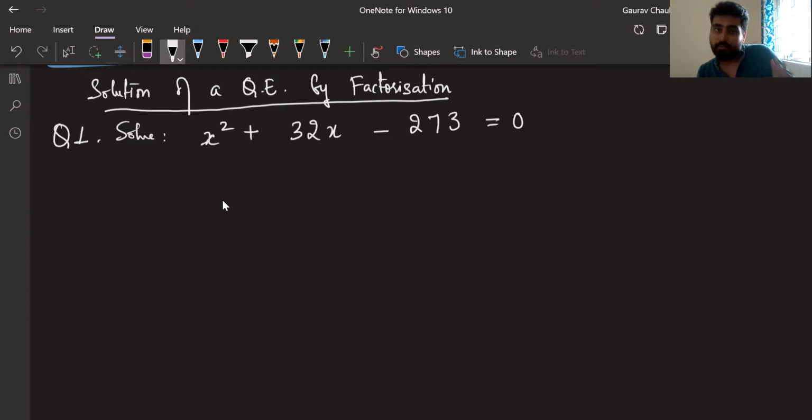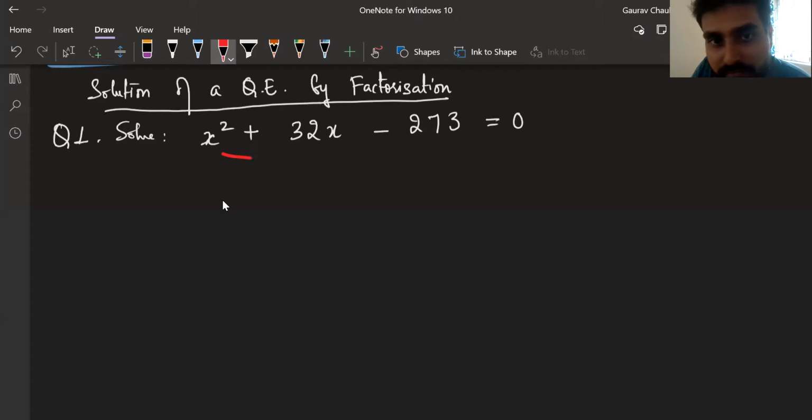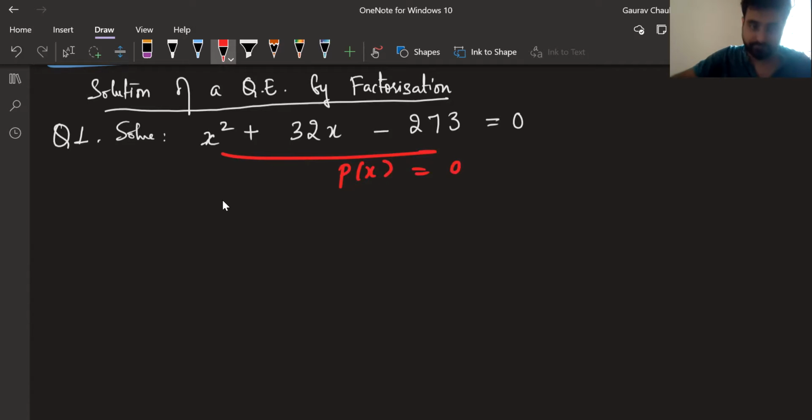Now, guys, by factorization, we have heard this word before. We have done a quick revision of factorization of polynomials earlier. What I am going to do is, this is one polynomial p of x equal to 0, right? Okay, guys, give me 1 second.